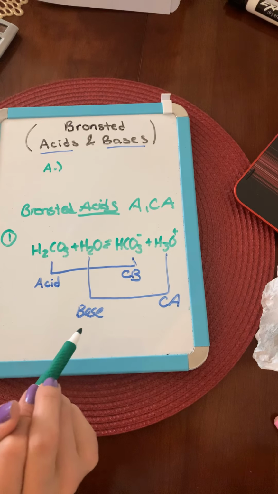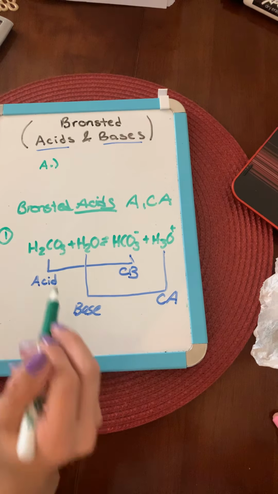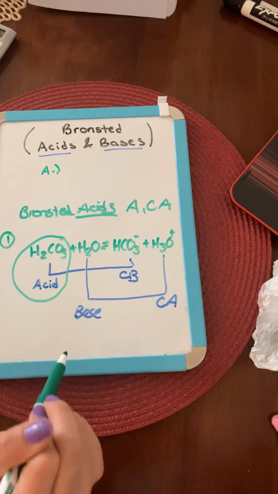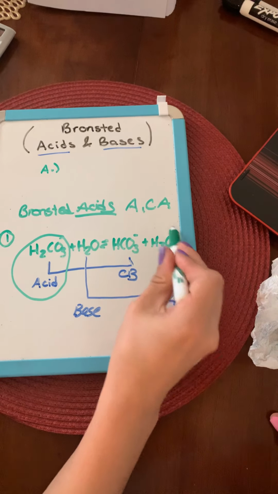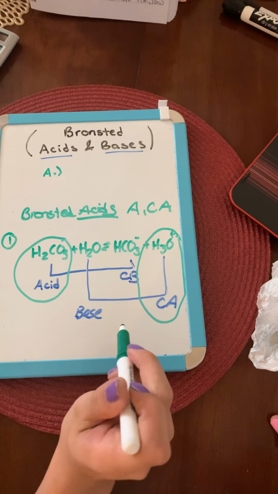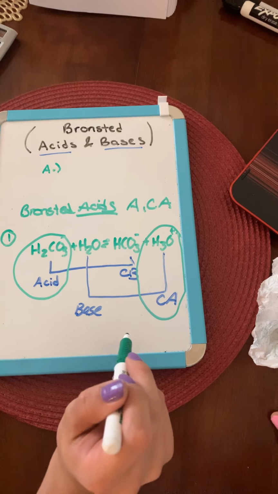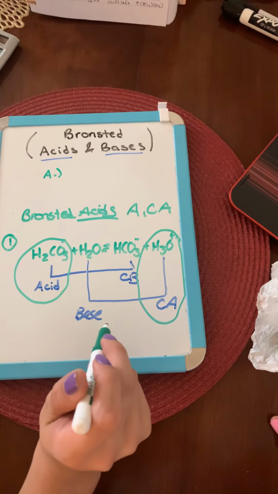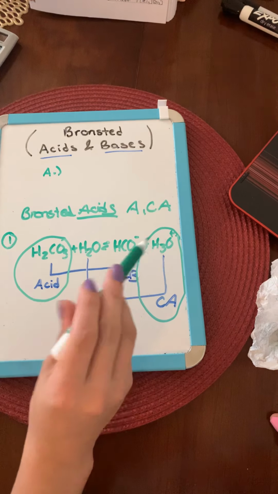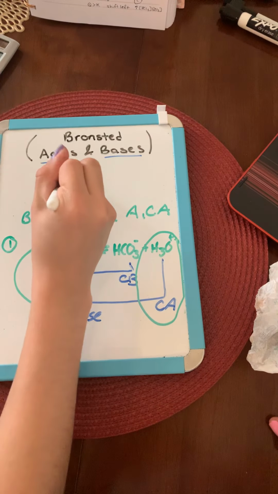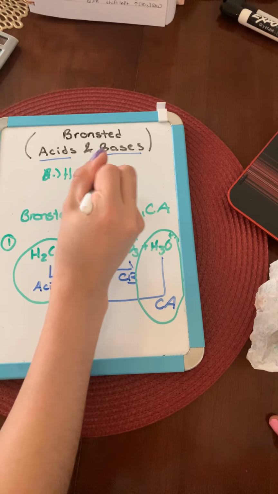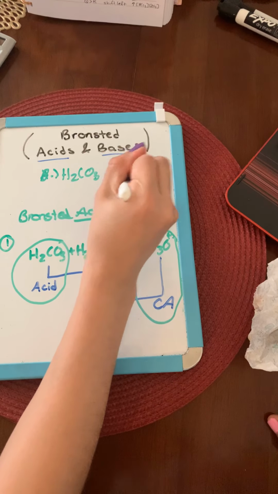Remember the acid we identified in this case was H2CO3, and our conjugate acid was H3O+. So the answer involving those two and only those two would be the answer. In that case, I believe it should have been B, which just says H2CO3 and H3O+.